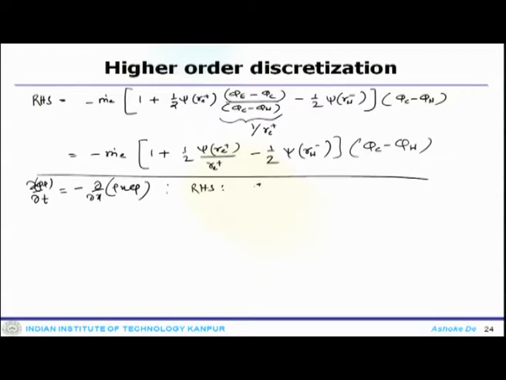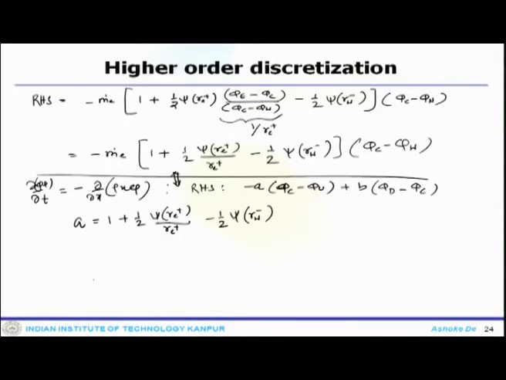The right hand side was written as minus a times phi c minus phi u plus b times phi d minus phi c. Once these two right hand sides are compared, one can say a is half plus half psi r e plus by r e plus minus half psi r w minus, and b is 0.